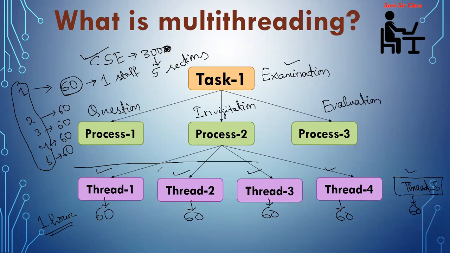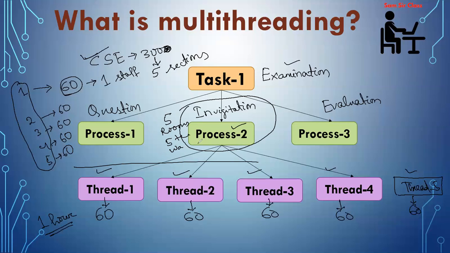For that, we are not consuming any extra memory. For the invigilation duty, five rooms are allocated, five teachers are allocated, and the water bottles, fans, room lights, whatever resources you can think of, everything is allocated for the invigilation duty, which is process 2.